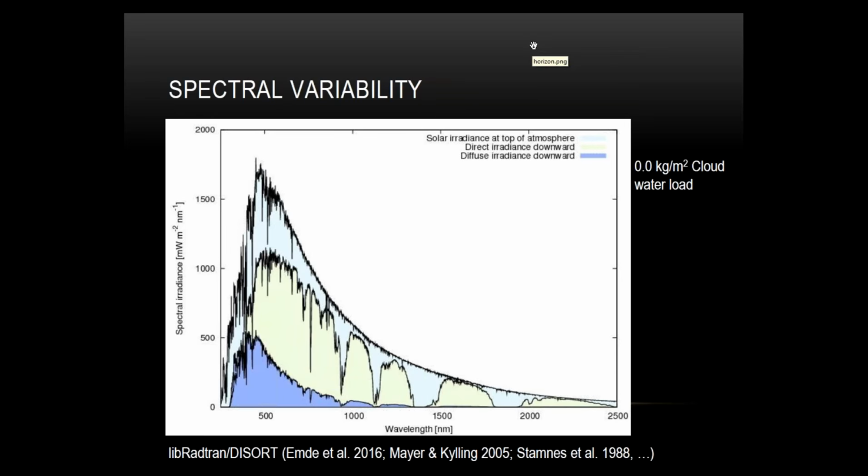These are quite heavy models that do a full solution of the radiative transfer problem. libRadtran is made by a German group together with a Norwegian group, and has been developed for many years. It's a very nice library that also has a lot of data sets to use. But it's for people who know what they're doing to run.